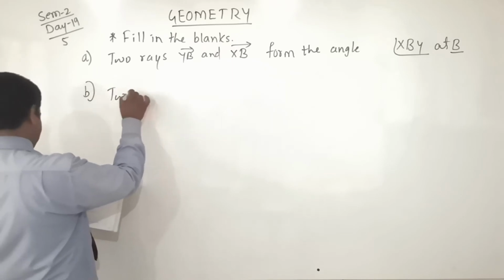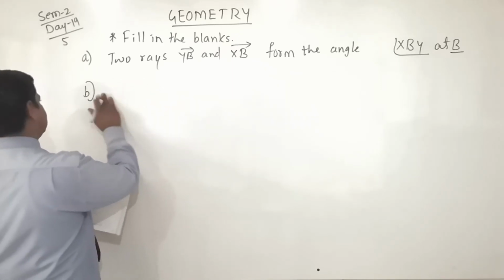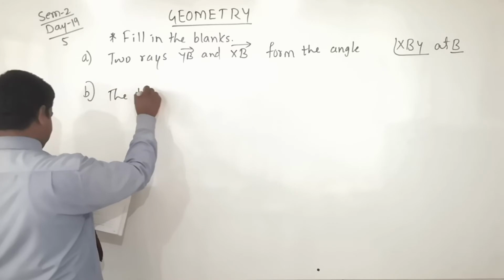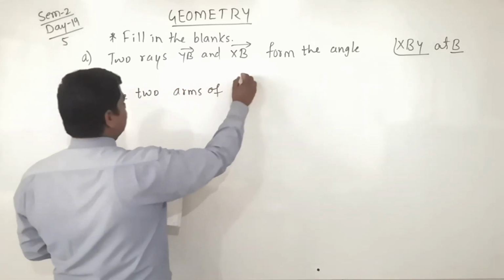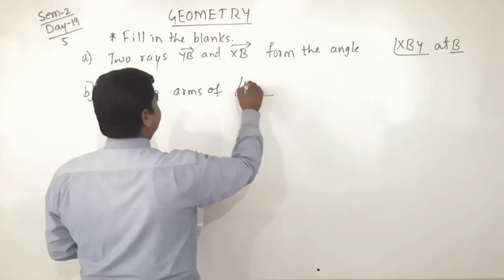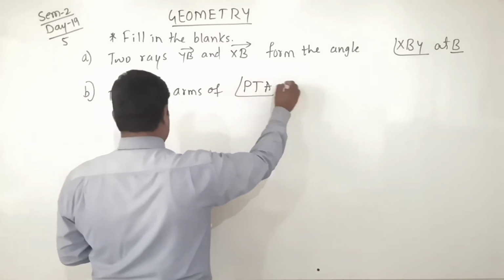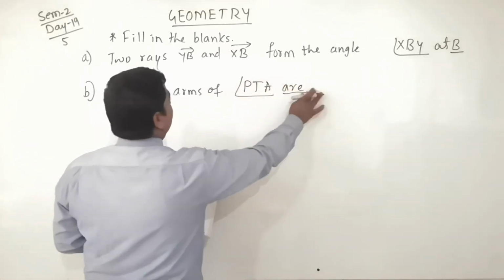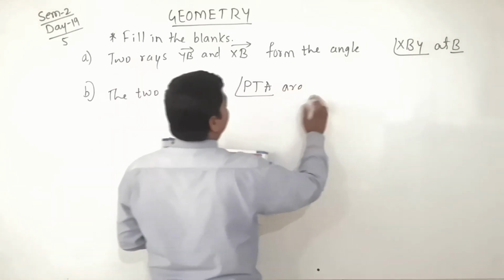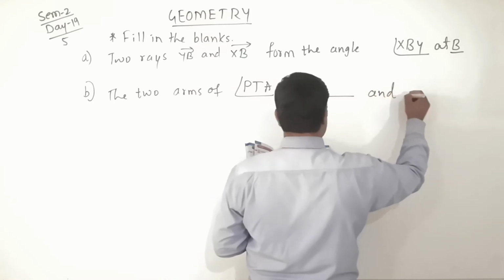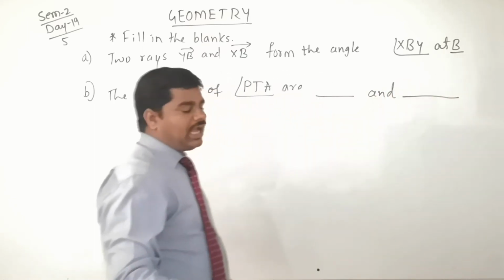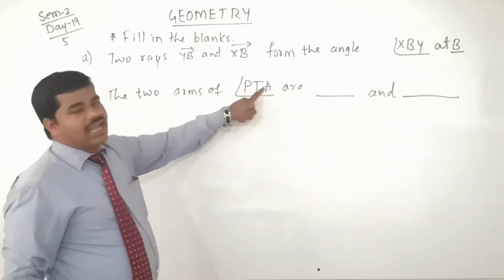Next, the two arms of angle PTA are rays. Very simple. Angle given, two rays, arms, or we can say rays. We can write the angle is PTA.